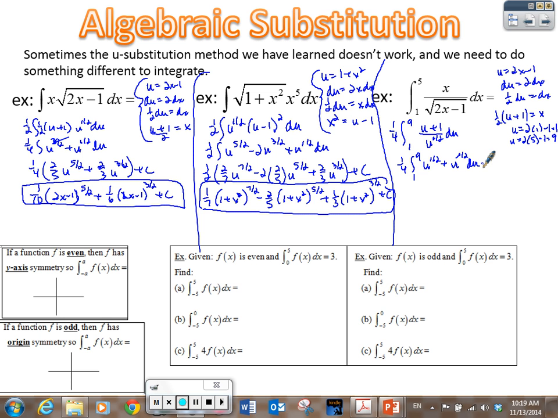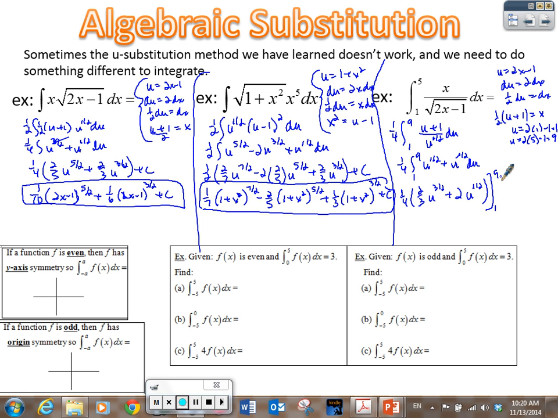So we do our integration, and we get 1/4. We add 1, so that's 3/2, so 2/3 u to the 3/2. Plus, negative 1/2 plus 1 is a positive 1/2, which is multiplied by 2 u to the 1/2, evaluated from 1 to 9.